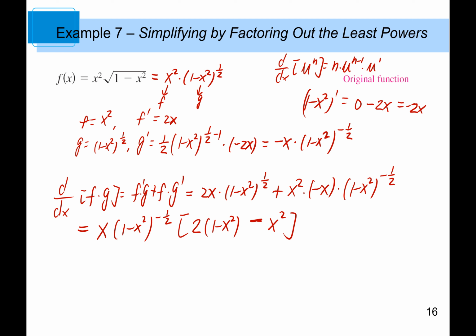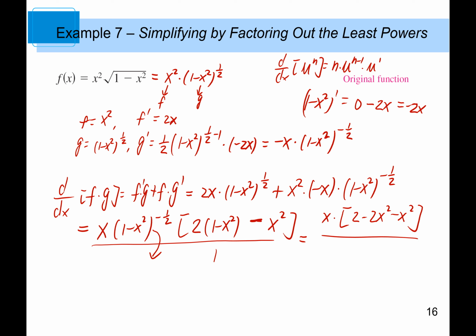Then you make it a fraction and flip the negative exponent to the denominator, so we get x times (2 minus 2x squared minus x squared), and the denominator becomes (1 minus x squared) to the 1/2.